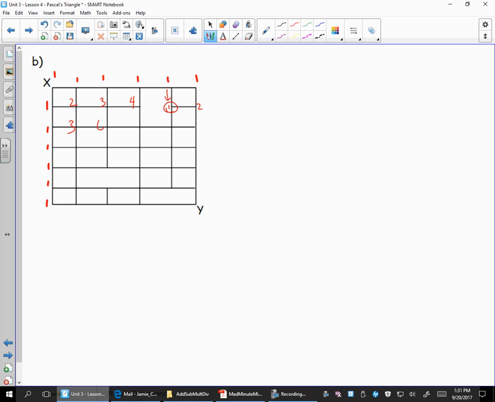We do a 3, a 6, a 10. Oh, 10 plus 1 makes 11, and 13. 4, 10, 20, 31, 44. 5, 15, 35, 66, 110, 6. Oh, I have to go from here. That's a 6.